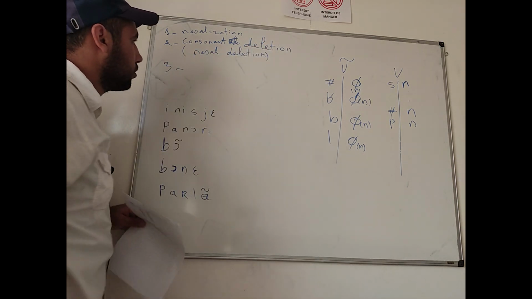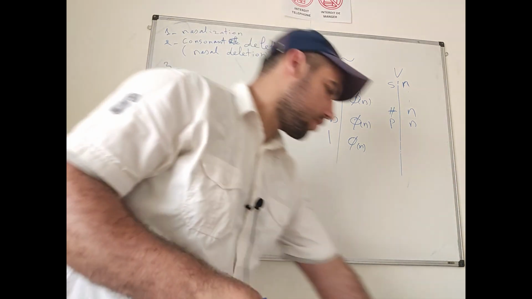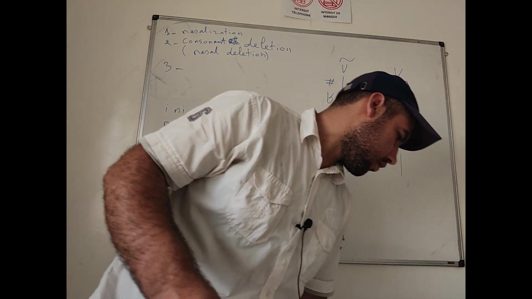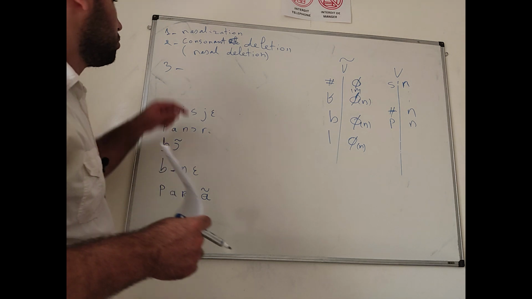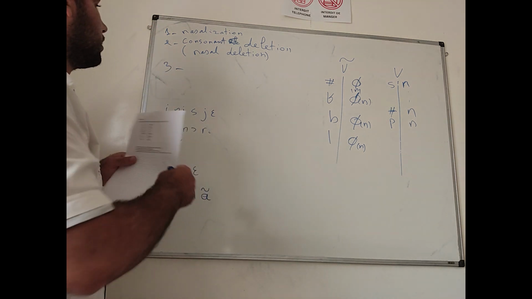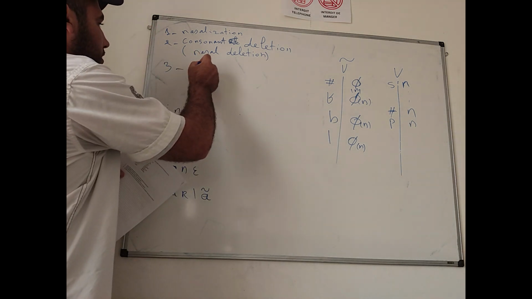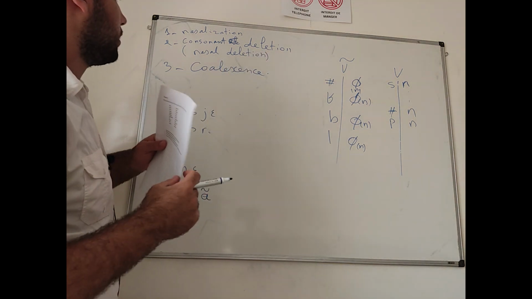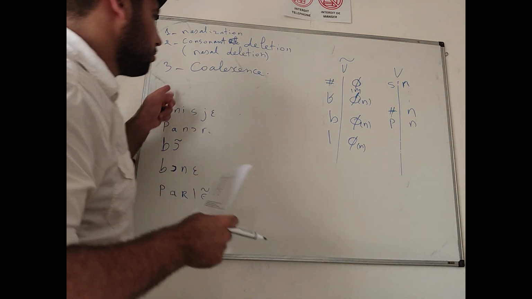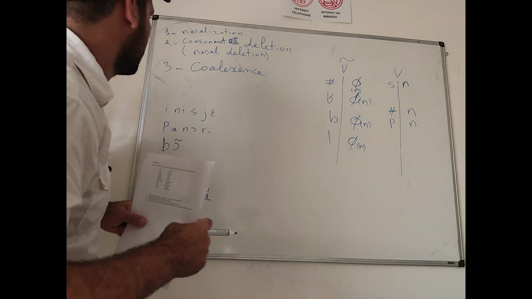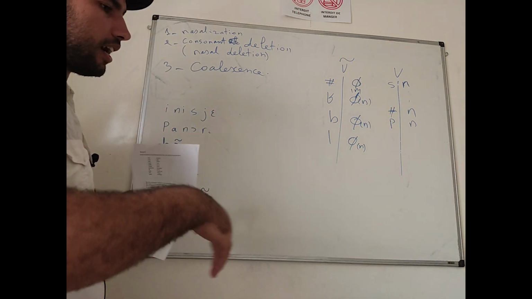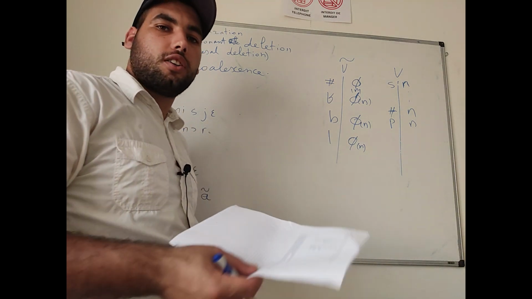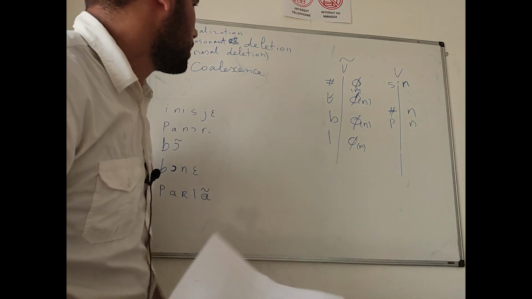The third rule would be what? It would be combining the two processes in one. It would be coalescence. Okay, and we will explain this. Vowel-consonant coalescence.